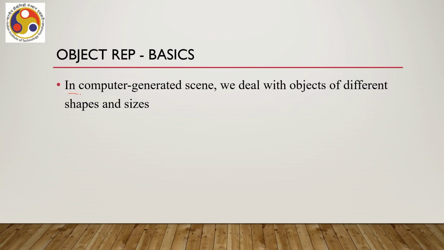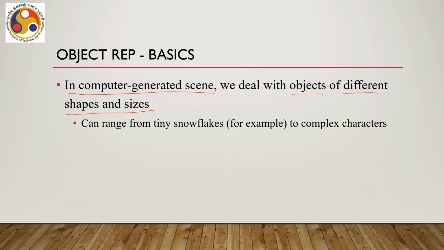So, when we are talking of computer generated scene or synthetic scenes, we are dealing with objects of different shapes and sizes. A variety of objects may be there. The variation can range from tiny snowflakes, for example, to complex animated characters.